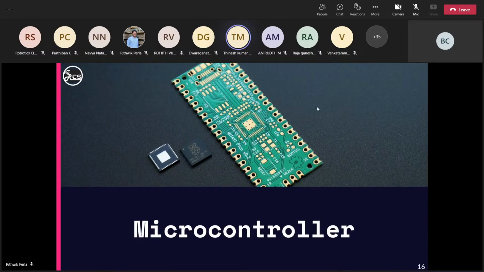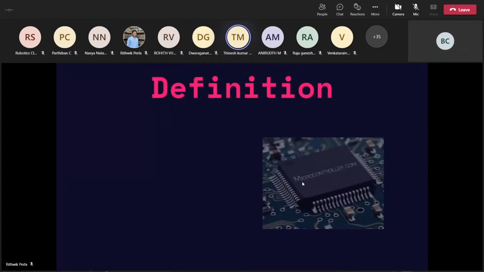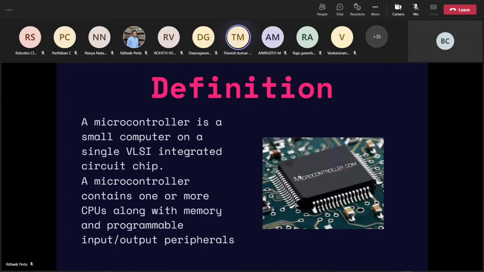So the basic definition of a microcontroller: it is a VLSI, very large scale integrated circuit chip. This is the basic definition, but let me put it in a simple way. You can call a microcontroller an integrated circuit or a chip that is programmed by a human being to do a specific task.